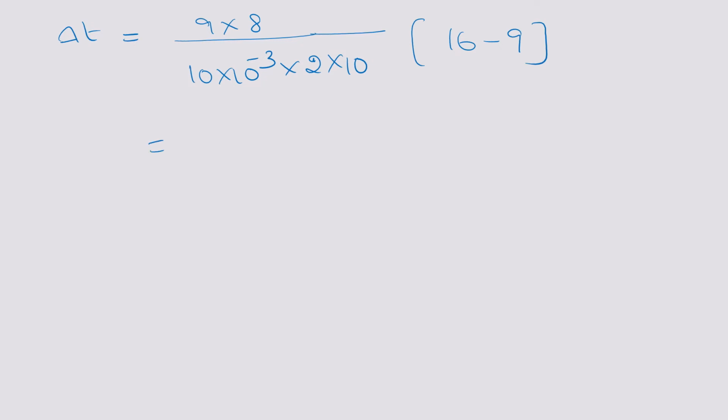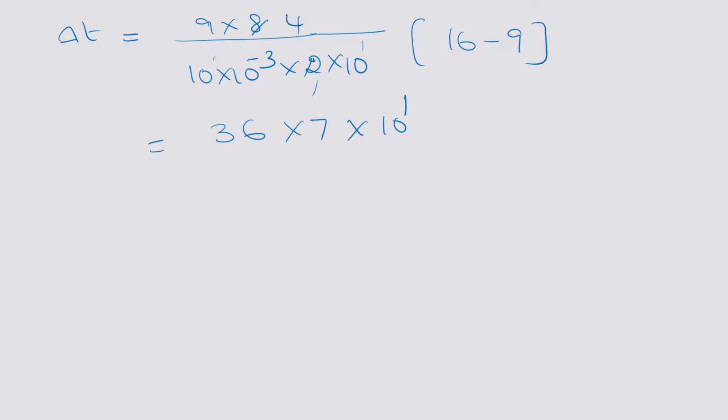So here 2 ones are 2, 2 fours are 8. 9 4s are 36 into 7, 16 minus 9 is 7, into 10 to the power of, 10 square, 2 minus 3 is minus 1, so reciprocal 10 to the power of 1.